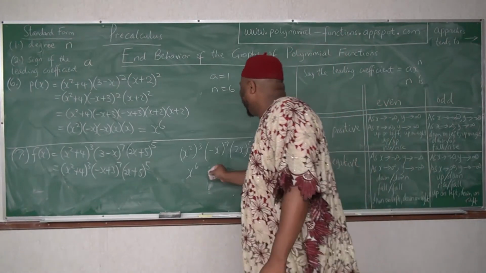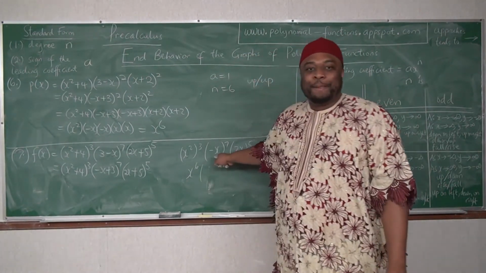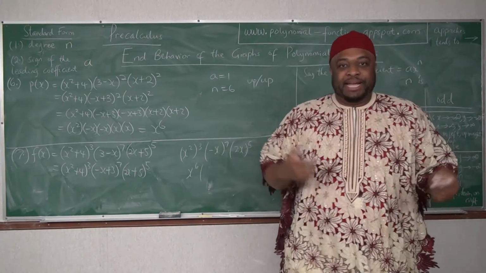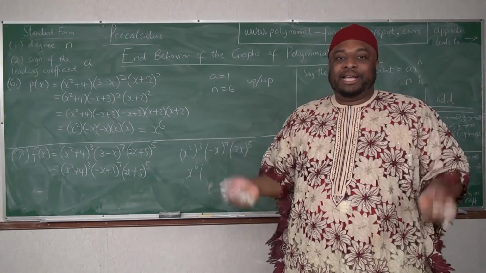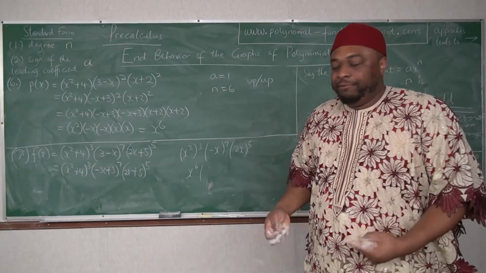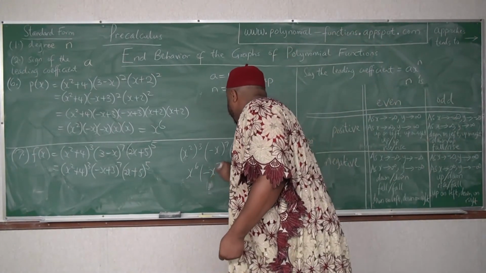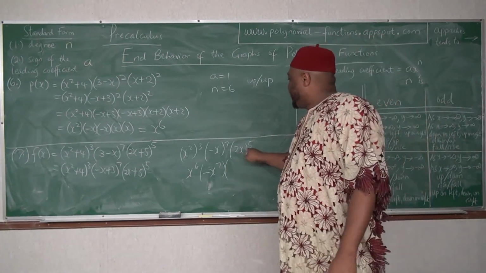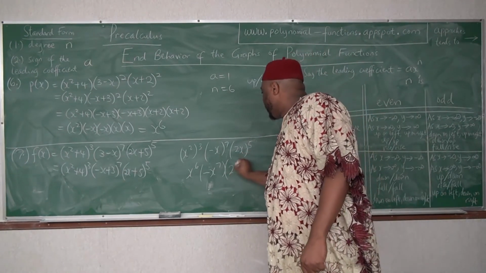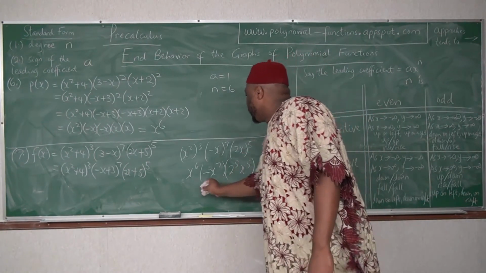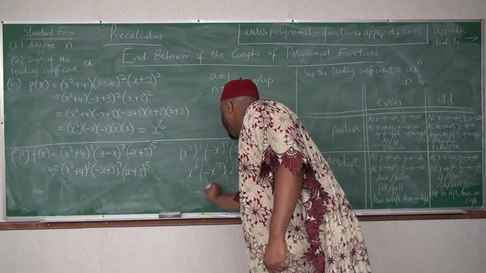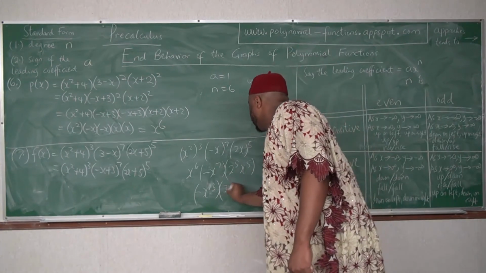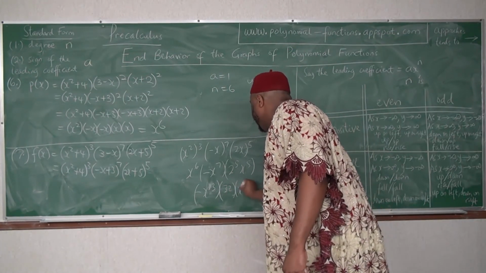Now times this here, because this is odd exponent. If you have a negative base and an odd exponent, it will give you a negative result. Please review my videos on exponent. Times, this is 2 exponent 5, x exponent 5. So this gives us now negative x exponent 13 times 32 times x exponent 5.